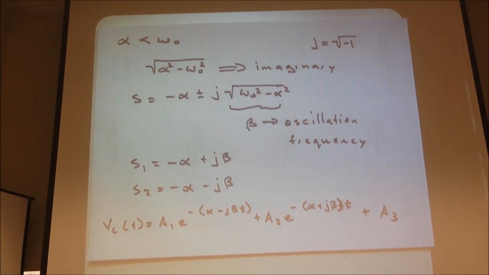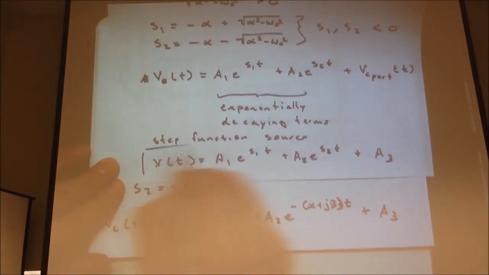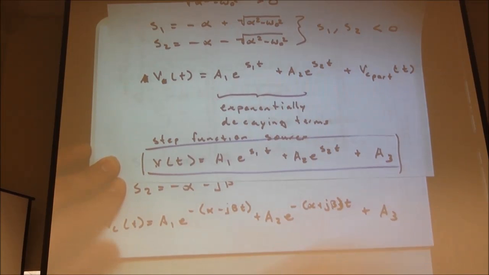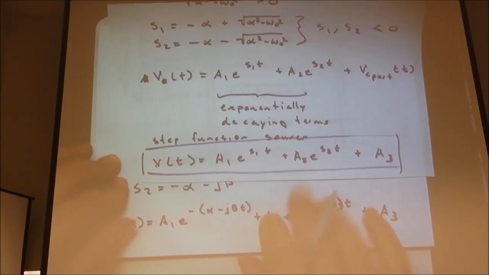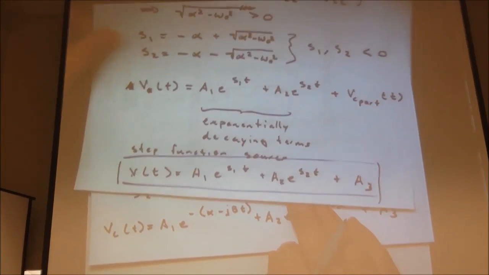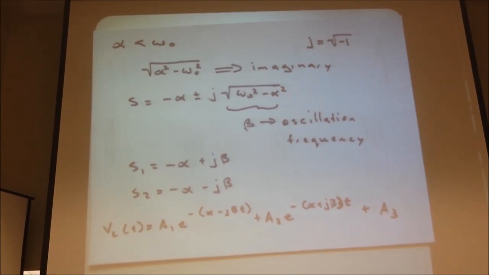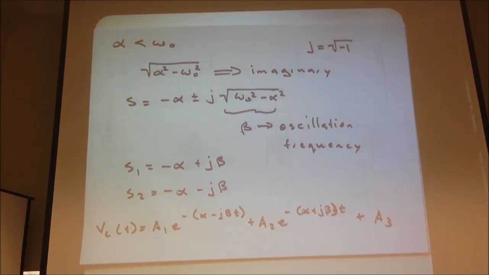kind of a solved problem. To go back, I didn't put a box around this, but for the overdamped case with the step function source, box that up. That's the solution. So that's what you're going to work off of. And we'll have to be a little bit more specific about numbers on Monday next week, but that's a boxable solution.